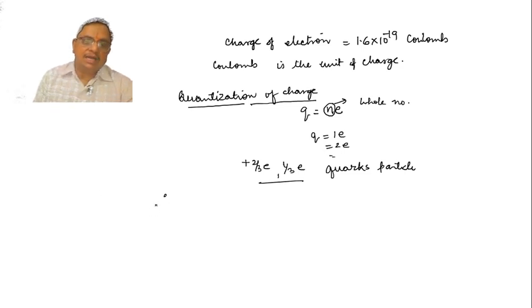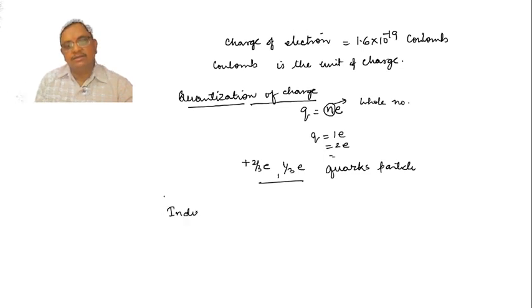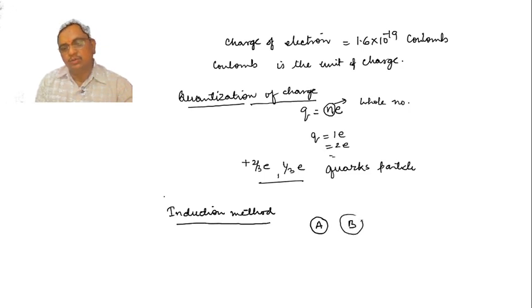Now, charges are produced by friction and by the induction method. What is the induction method? You just put one body near another body. Suppose you have two bodies, A and B, and A is charged.